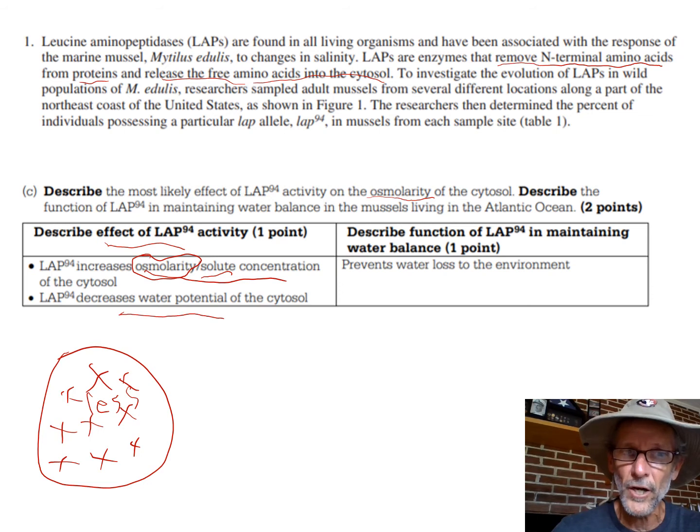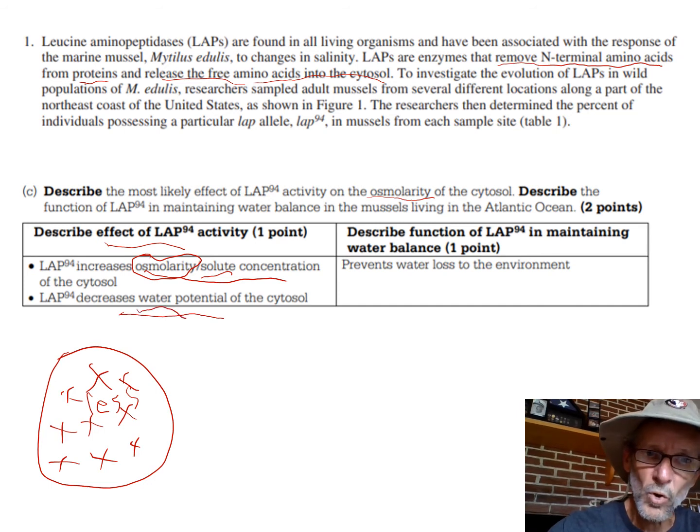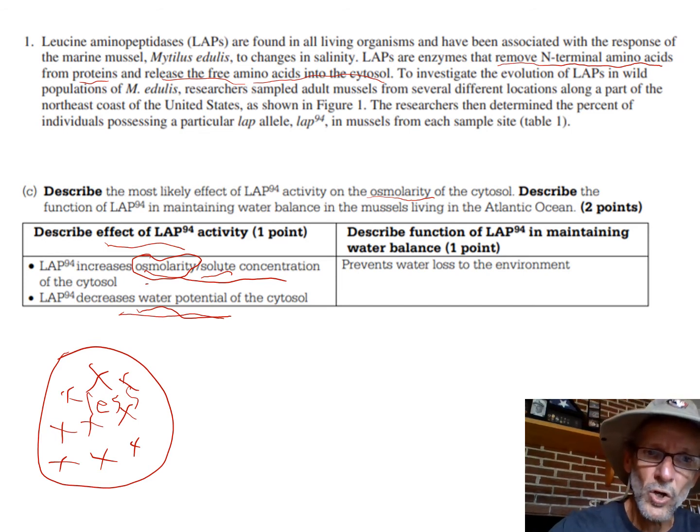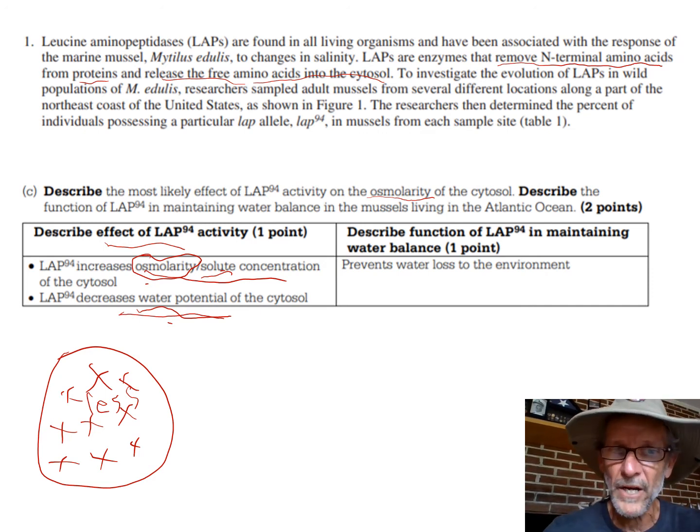So the osmolarity is going to increase as the solute concentration increases, but that makes the water potential decrease. Okay? Don't trip over yourself here and try to address all of those vocab words. If it says to describe the effect, just pick one. Describe the concentration, or describe the water potential difference, because if you contradict yourself, then no point, sorry.